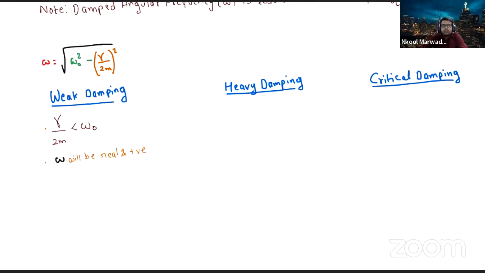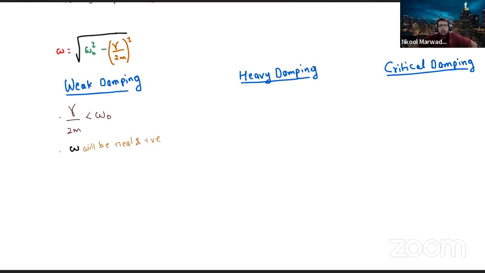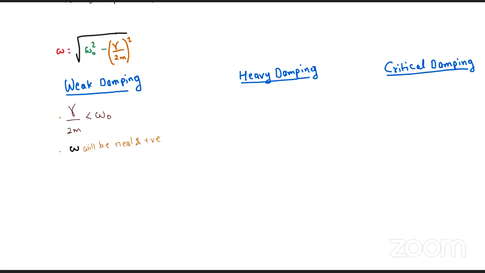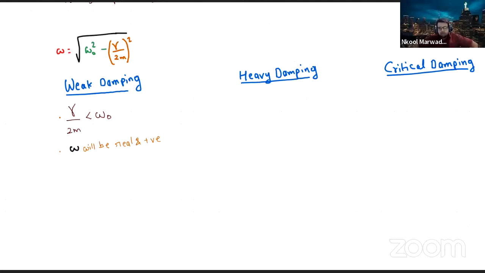Now the next big question in front of us is: okay, this is understood, but how does it lead to weak damping? If the angular frequency is real and positive, then why are we calling it weak damping? Weak damping means the damping will take place slowly.